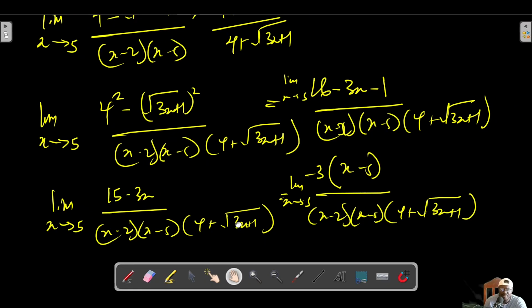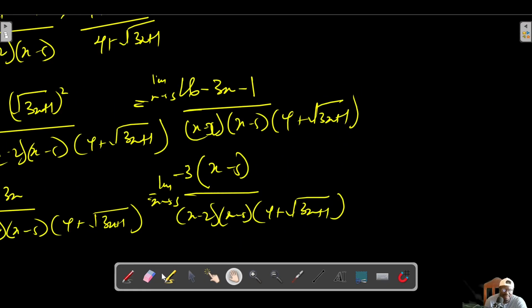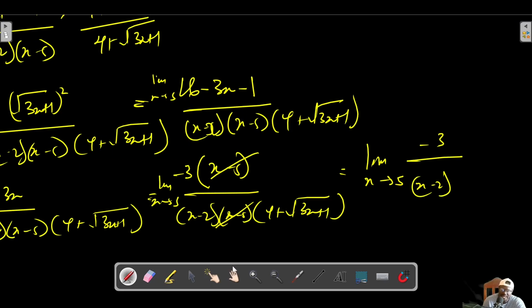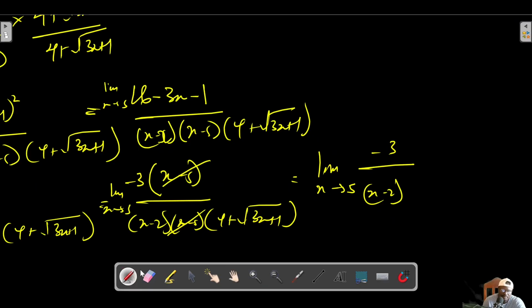So from here, we can cancel out some of the factors. x minus 5 cancels out x minus 5. We end up with the limit as x approaches 5 of negative 3 divided by x minus 2 multiplying 4 plus root 3x plus 1 in parentheses.